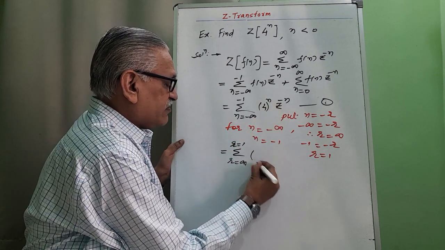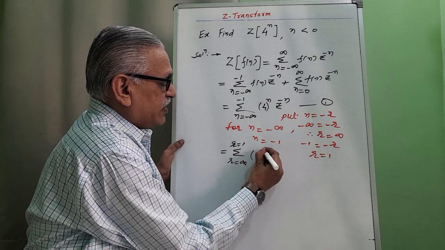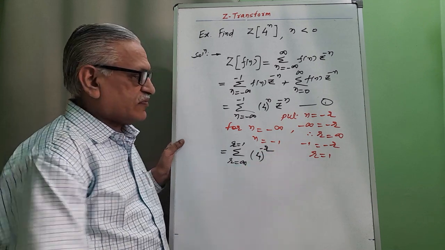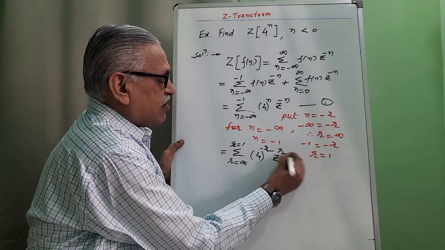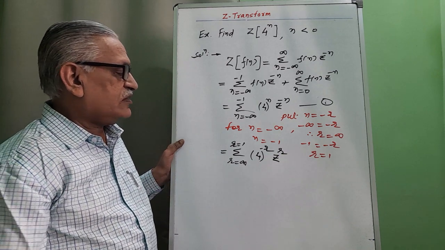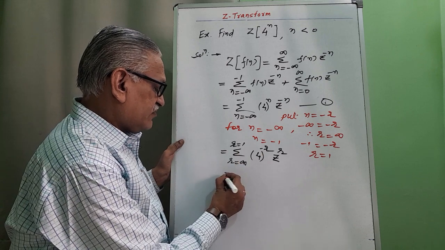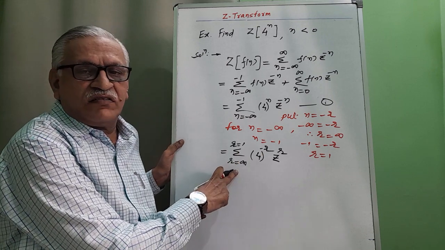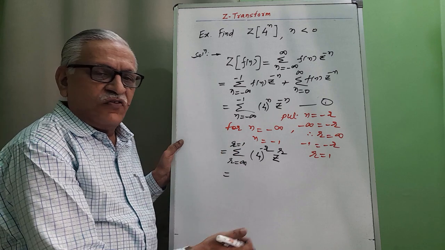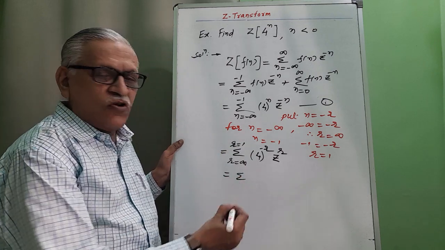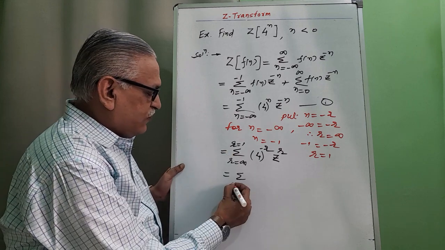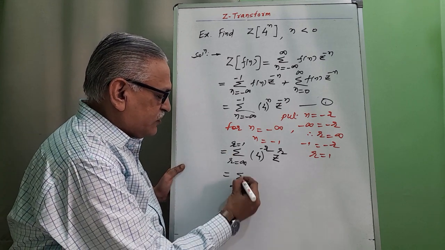4 raised to n, but n is minus r, and z raised to minus n becomes z raised to r. The summation is from infinity to 1. We rewrite it from lower value to upper value, therefore r equals 1 to infinity.